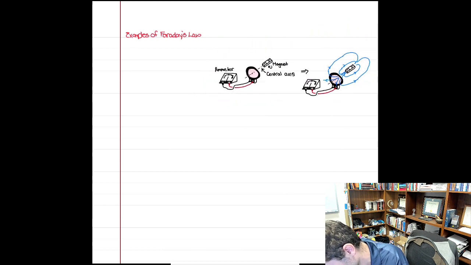All right, so here's our first example, which really will just lay out the algorithm. Example 1, you hold a magnet stationary near a circuit.